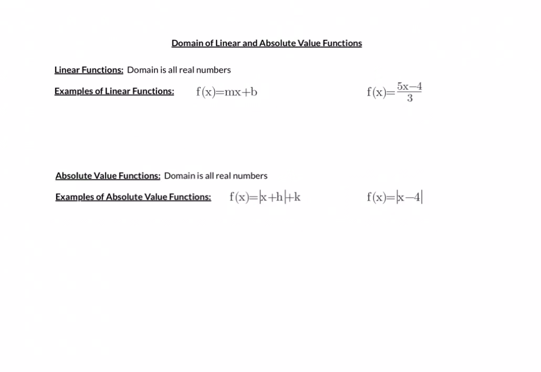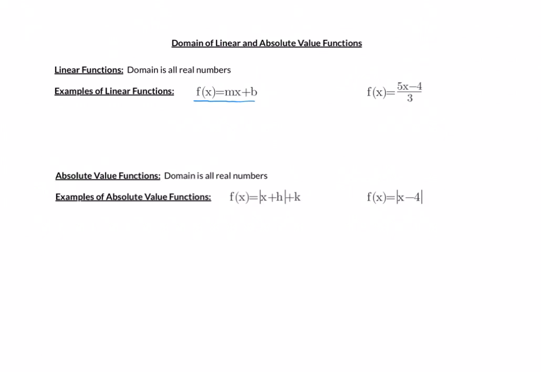Remember in the previous section I said the only type of lines that are not functions are going to be vertical lines. So if it is a linear function, our domain is always all real numbers. Examples of linear functions are anything that can be written in the form f of x equals mx plus b.